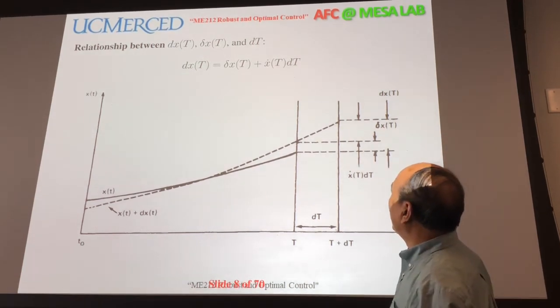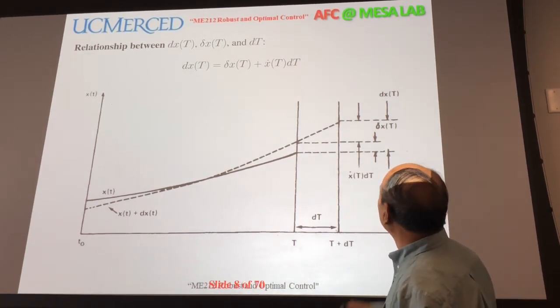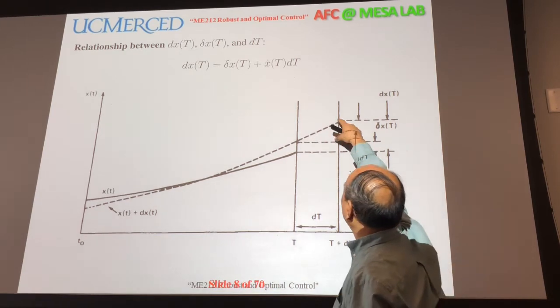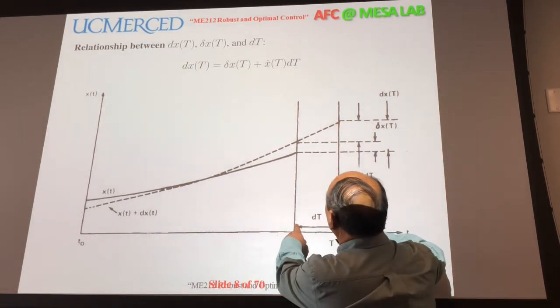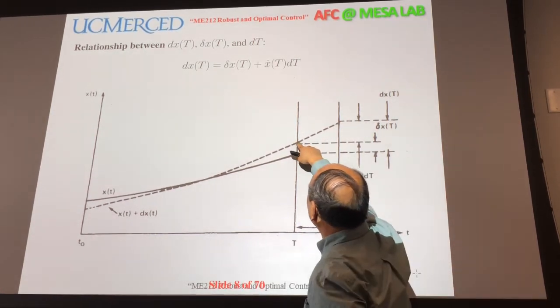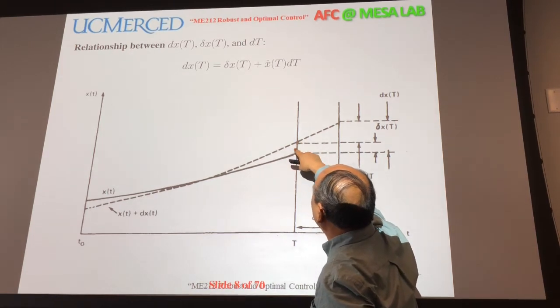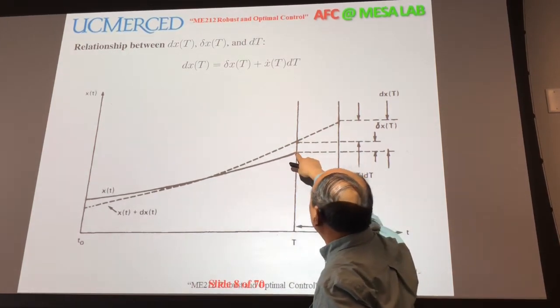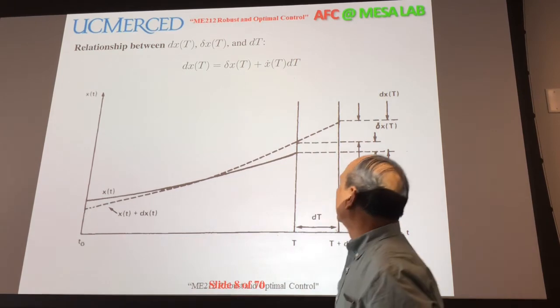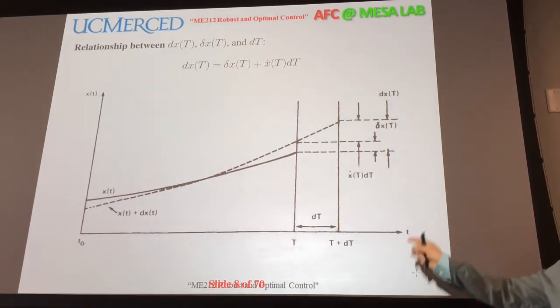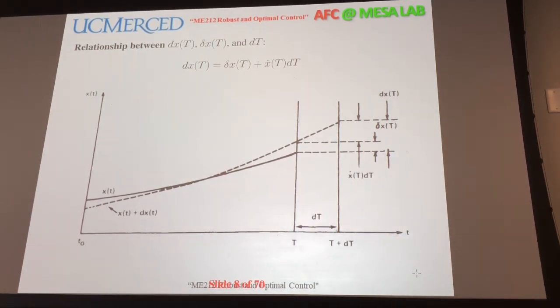And what is the other part? The other part is nothing but dT times the tangent at x dot of capital T, x dot (T). Okay? So this type of variation, with the endpoint also changing, they have this type of relationship. I think it's quite intuitive and visual. Okay?